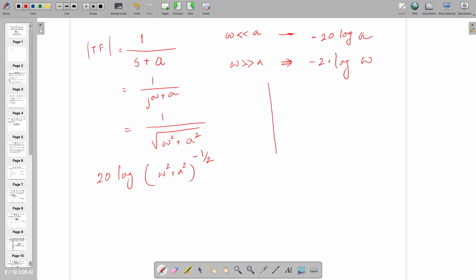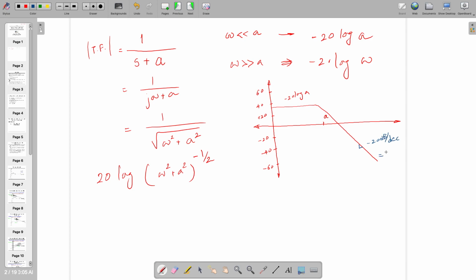But we also learned that when we are drawing this, at frequency of a, and when it is much lower than a, let's assume that this is minus 20 log a, and thereafter it is decreasing by minus 20 dB per decade because it's only one pole, right?